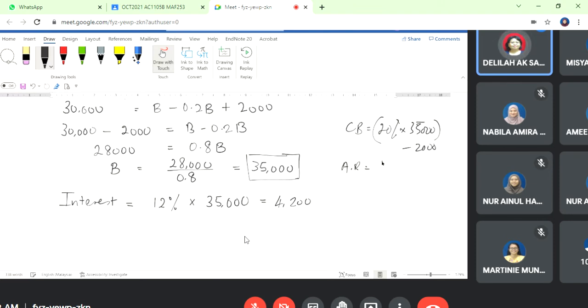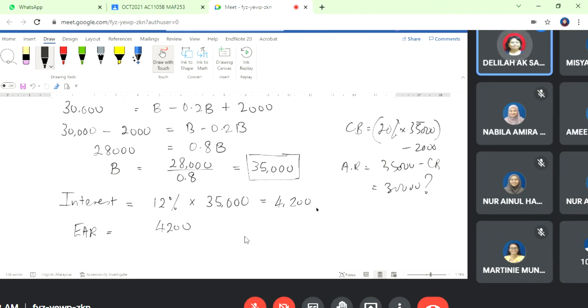Okay, when you take 35,000 tolak dengan compensating balance yang ke atas tu to check whether or not you get 30,000 that you require. So I'm assuming that my calculations here are all correct. So that means I can proceed to calculate the EAR, which is the interest for 1 year, 4,200.